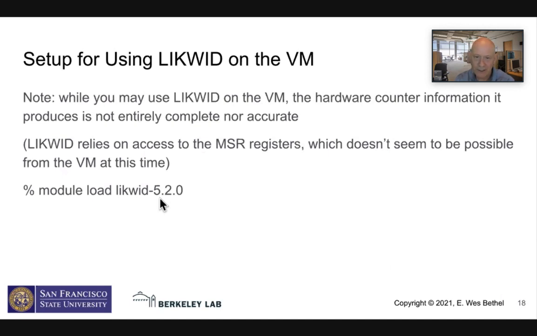Liquid Perf Counter, some of the numbers that it produces are okay, but most are not. So consider it like a useful training ground. You can play around with Liquid on the VM before you go over to NERSC.